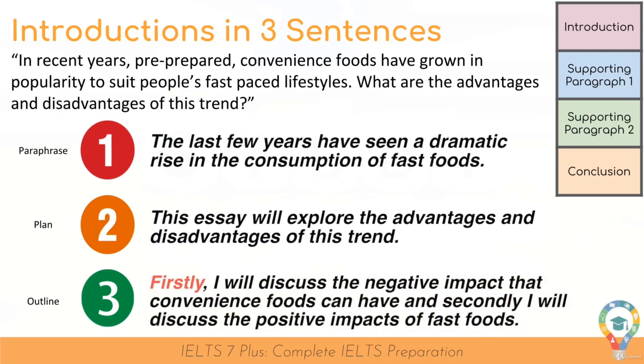Firstly, I will discuss the negative impact that convenience foods can have. And secondly, I will discuss the positive impacts of fast foods. Quite straightforward, and I've also used synonyms to not repeat myself too often. And as well, notice that I've used those 2 time connectives, firstly and secondly.